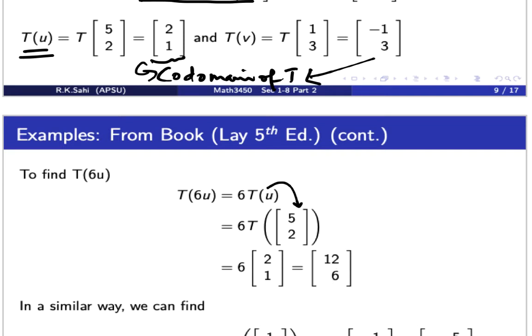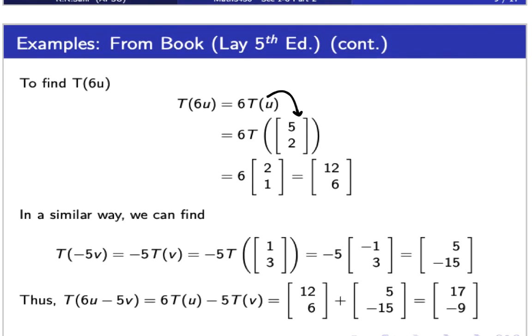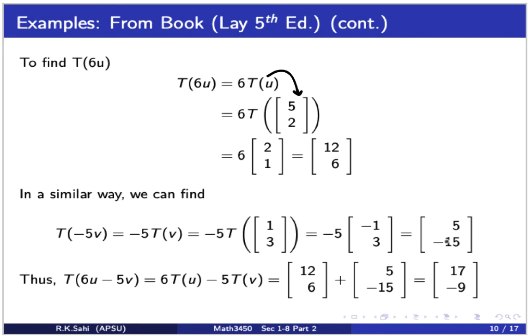In a similar fashion, we can find T of minus 5v. It is basically minus 5 times T of v. And what is our vector v? It is the element 1 and 3. And when T acts on the element 1 and 3, it gives us the element minus 1 and 3. And when minus 5 is multiplied, you get 5 and negative 15.